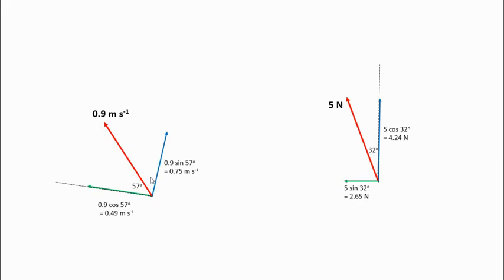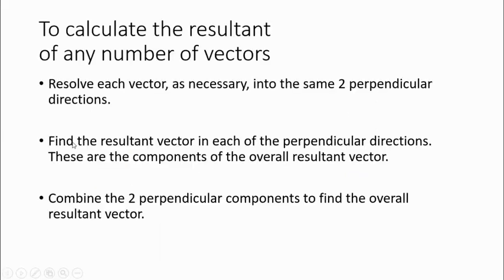That was step one of calculating the resultant of oblique vectors. The other two steps are simply to find the resultant vector in each of the perpendicular directions and then combine them to find the overall resultant vector. Let's do an example.